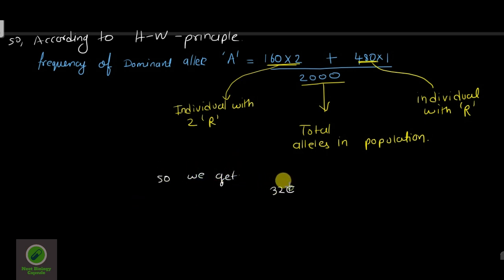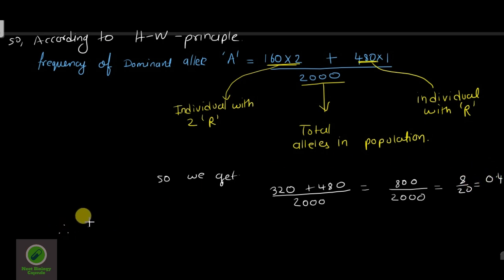And this represents total alleles in that population. If persons are 1000, alleles should be double. When we solve this, we get 320 plus 480 upon 2000, and the final answer comes around 0.4.